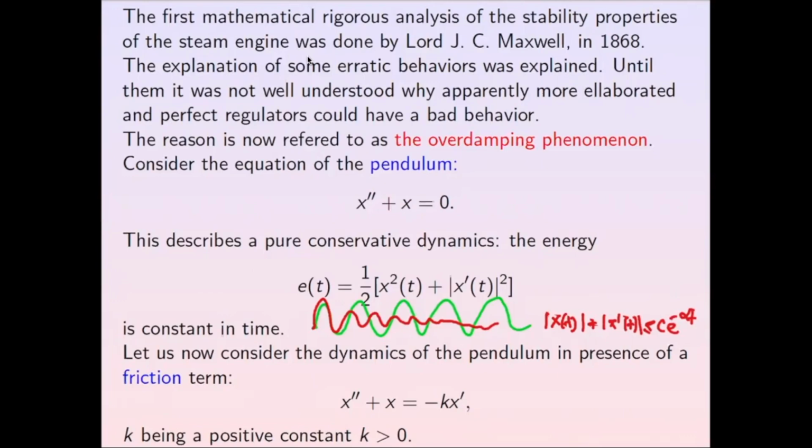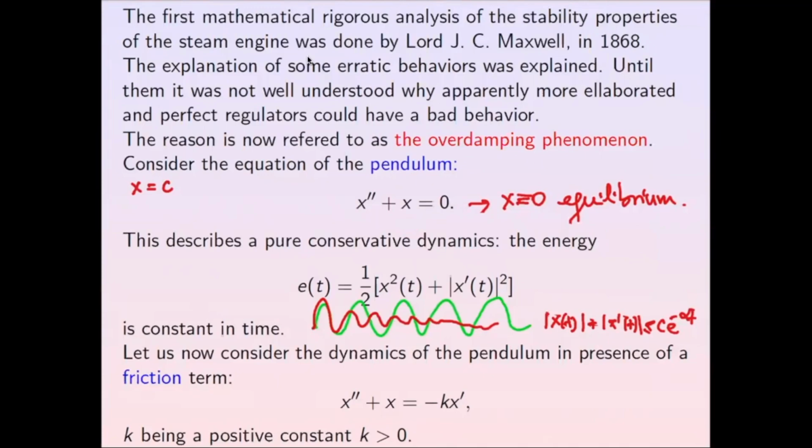Of course, zero is an equilibrium, so x equals 0 is an equilibrium. And actually, in this case, it is the only equilibrium of the system. Because if you ask what the solutions x equal constant are, when does the constant x equal z verify this harmonic oscillator?